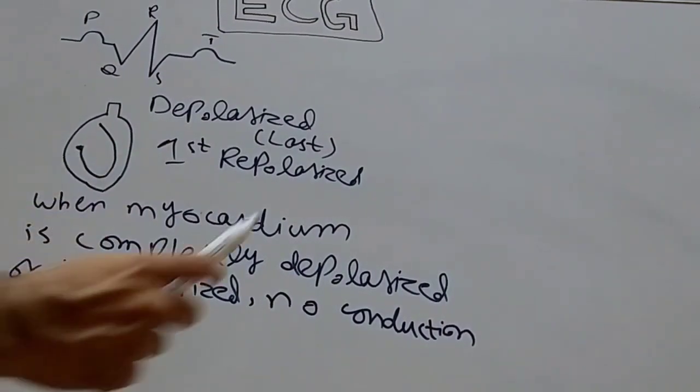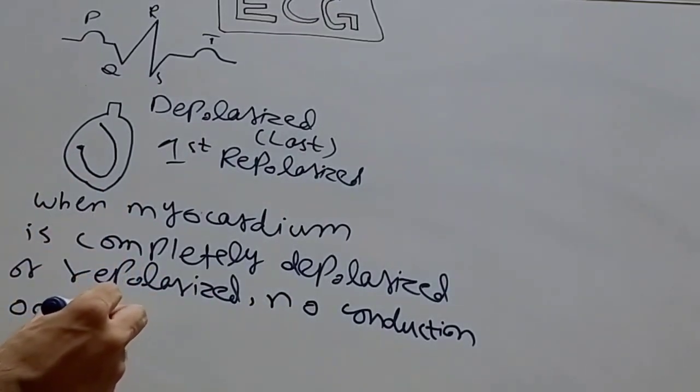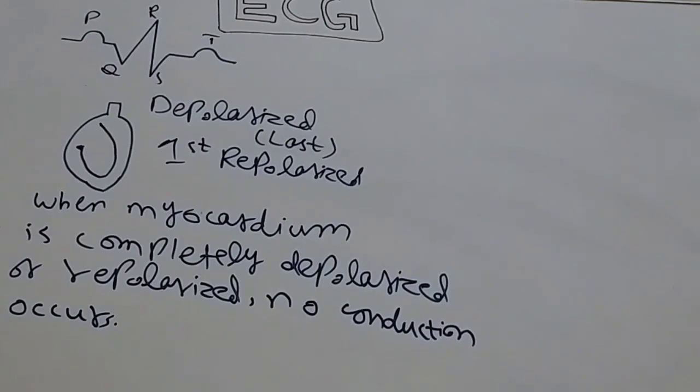When myocardium is completely depolarized or repolarized, no conduction occurs. So in between those intervals, conduction occurs. So you must need to remember.